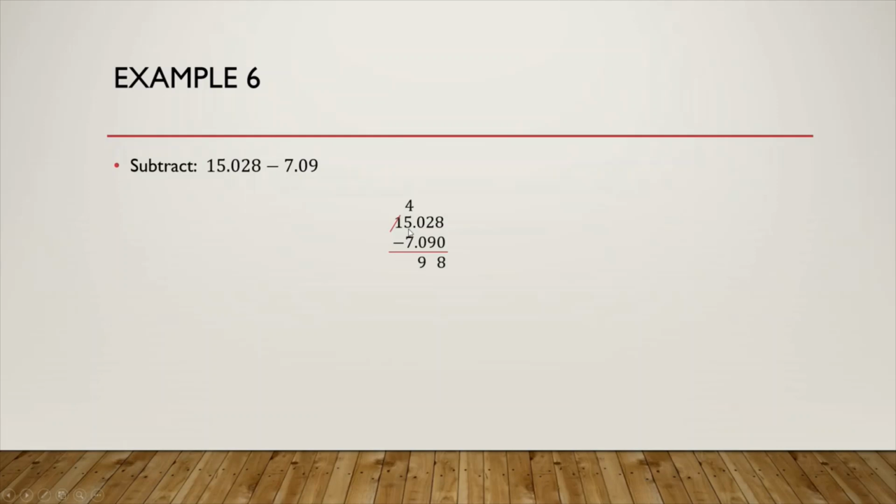So then you look at 5, so you have to borrow from the ones place. So then that 0 will become a 9. You have 5, you're taking a 1, you're splitting that up. That 1 becomes tenths, and you have 10 tenths. So you drop off 9.